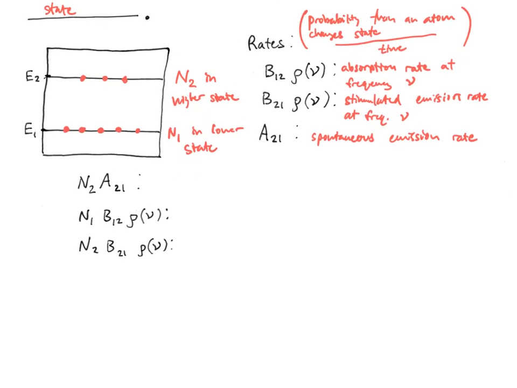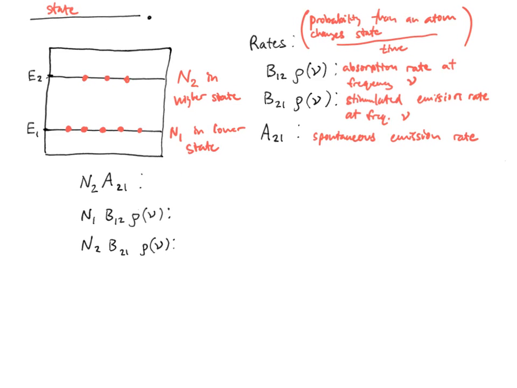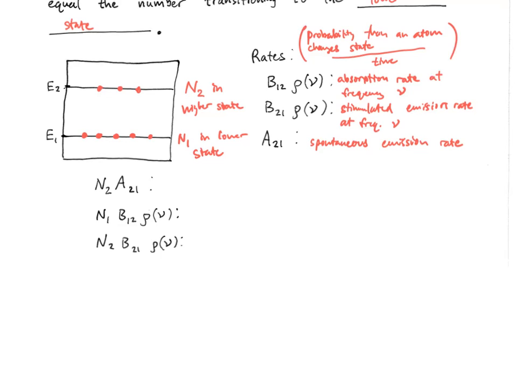So if those quantities represent the probabilities per time, imagine if we multiply them by the number of systems that exist at each of these levels, then we can get a total number of atoms leaving the upper state per unit time due to spontaneous emission.